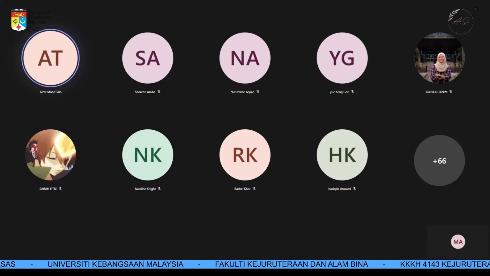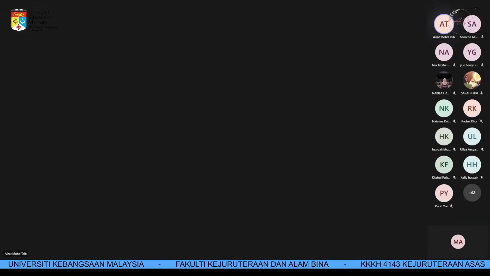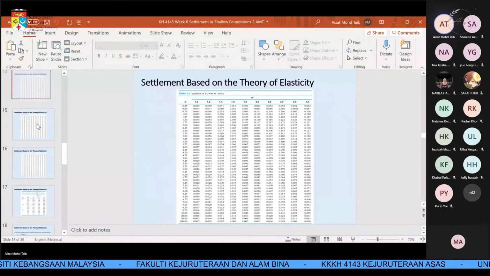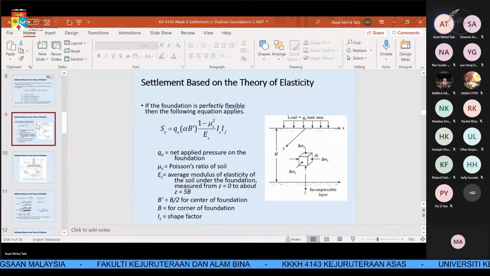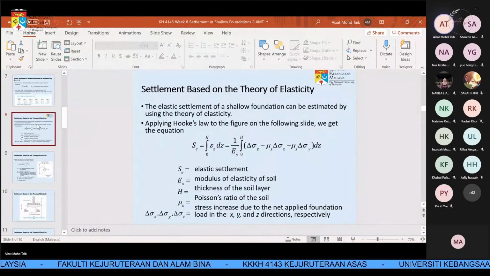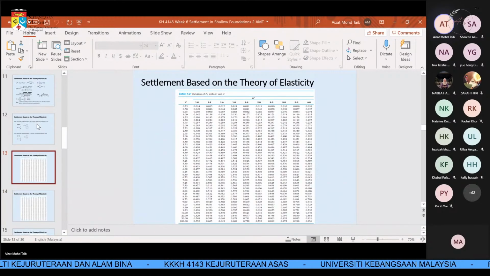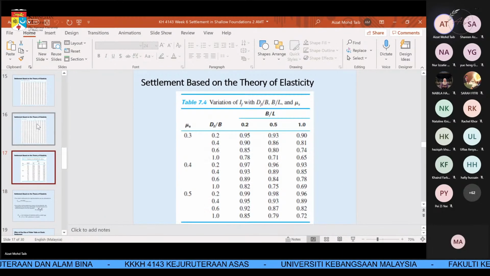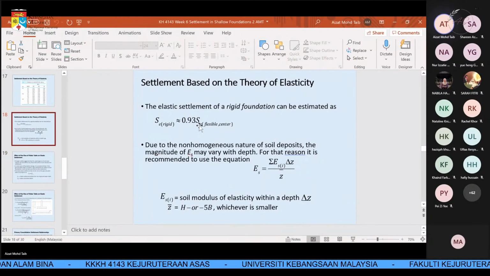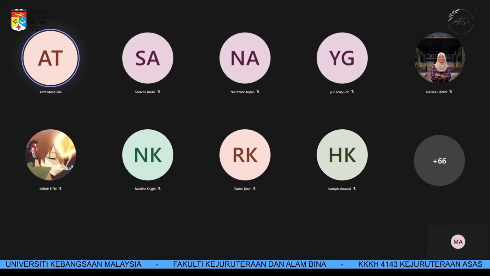Kalau awak ingat bila saya cakap semalam yang bila awak kira rigid dengan flexible, it's actually a difference of 93%. So that's why you multiply by 0.93. So the elastic settlement of rigid foundation can be estimated as 93% of flexible settlement. Okay, alright. Any question?